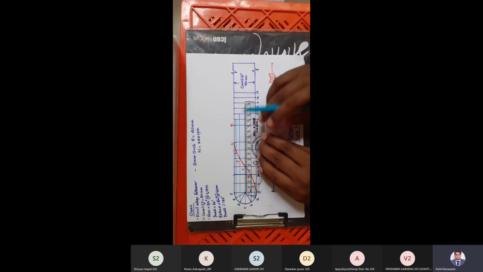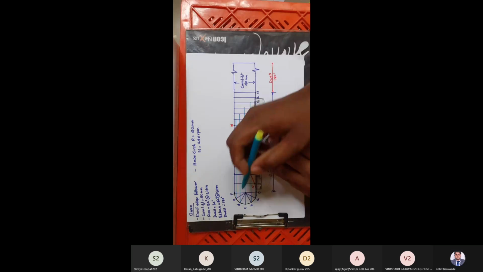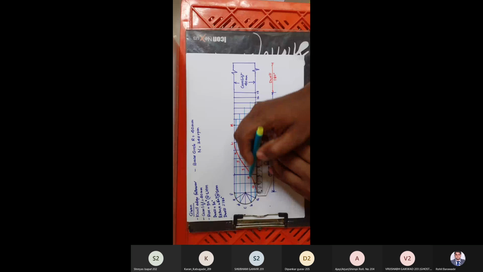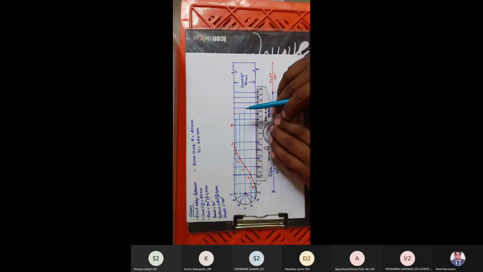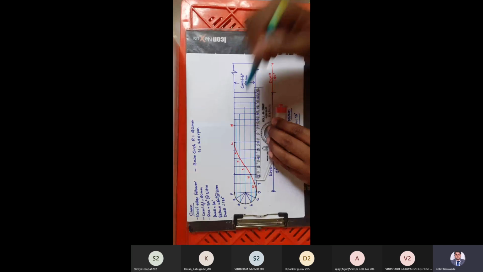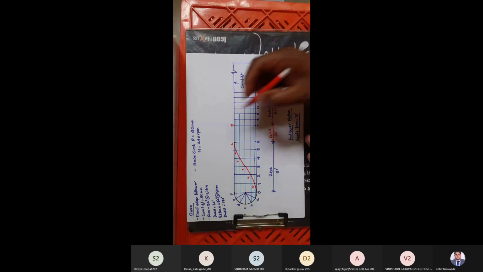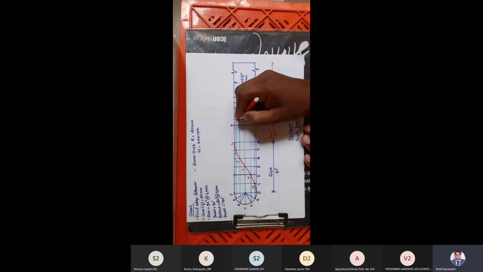Then this A point, A line, wait a minute. This A line is extended up to the 12 number point, right? And these are the lines, we will make a point.